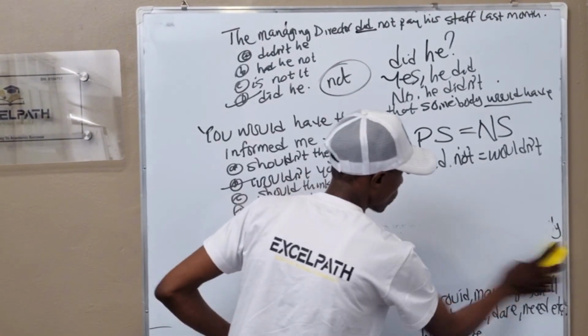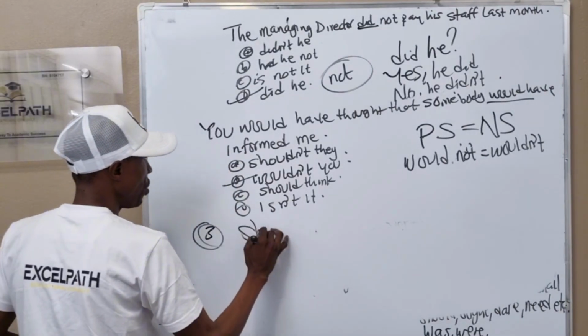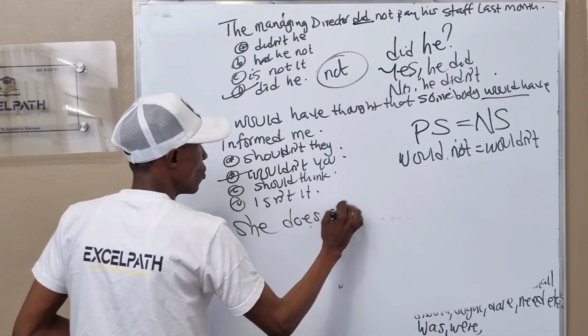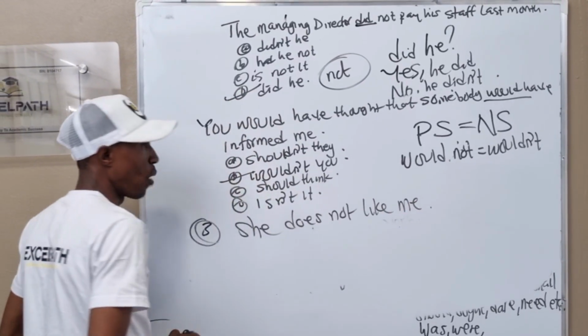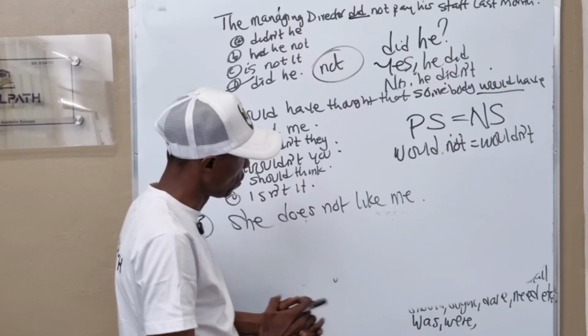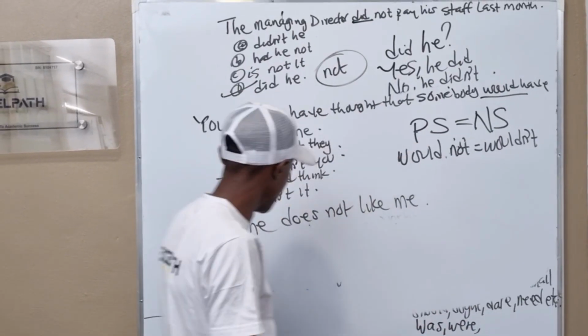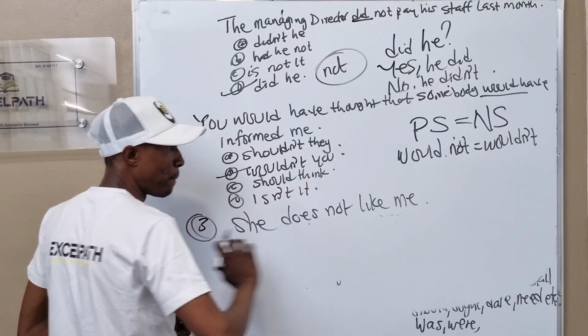Now, if you see a question of this form again, number 3, she does not like me. And they say, what is the question tag? Look at the question very well. She does not like me. Is this statement negative or positive?